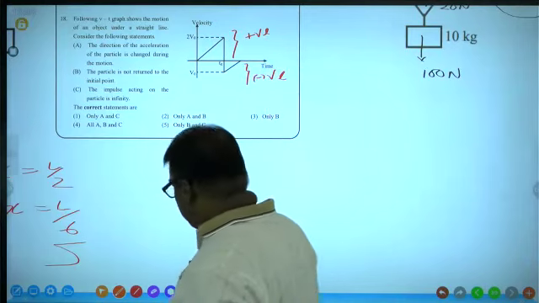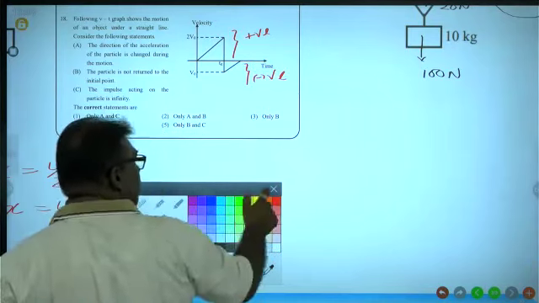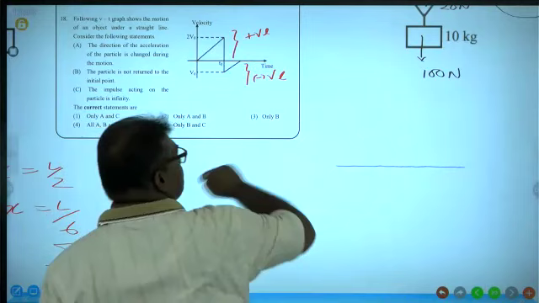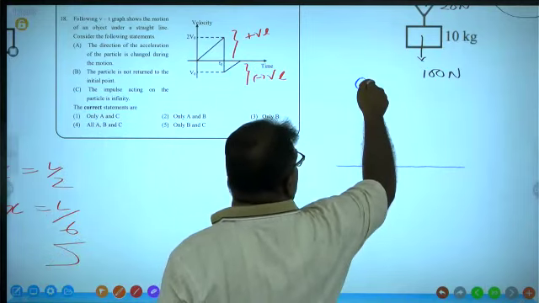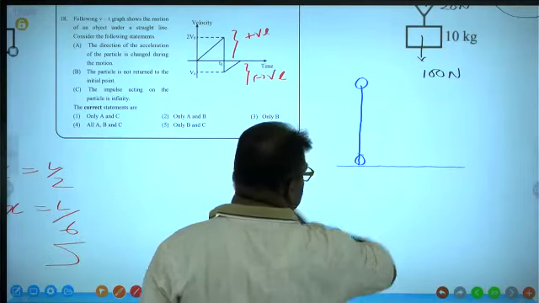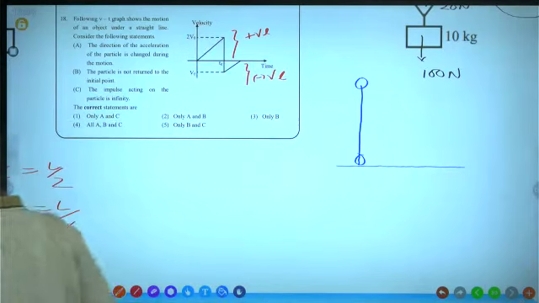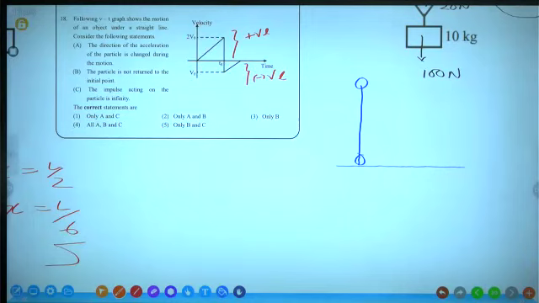Look at this kind of motion, son. Here we have the ground level. This one shows an object coming down until hitting the ground.